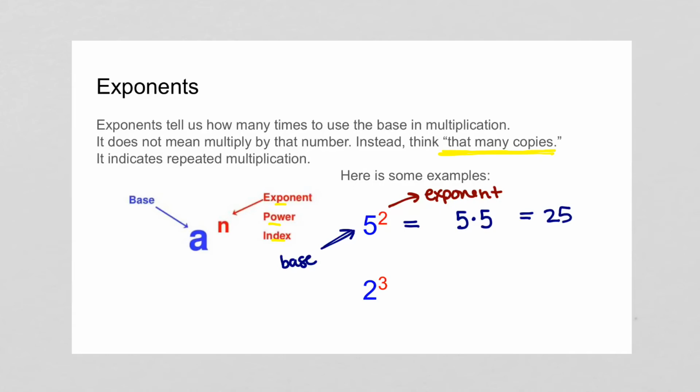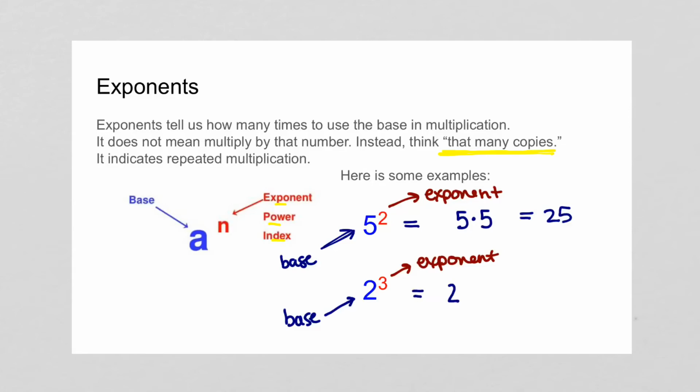Let's try it again on another one. On 2 to the third power. My base is 2. So that's what's getting copied. And my exponent is the 3. So that tells me how many copies. So I'm going to, let's see, what is that going to be the same as if I wrote it out as multiplication?